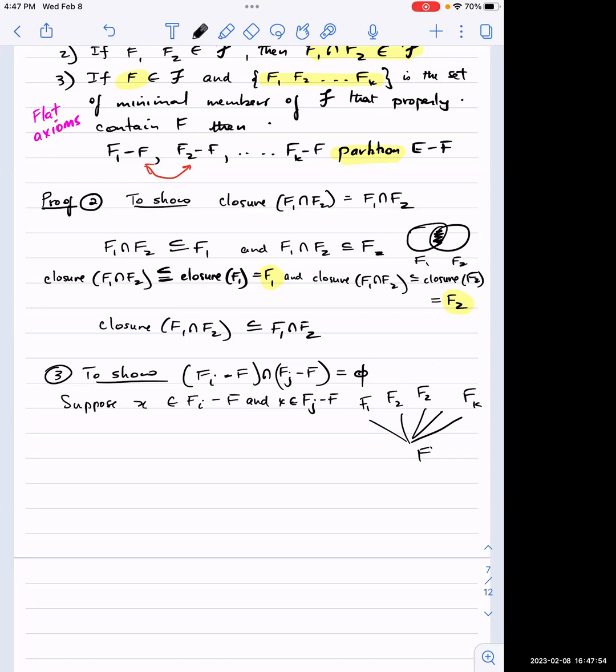Now, Fi intersection Fj is a flat strictly containing F, and this contradicts the minimality of Fi and Fj.